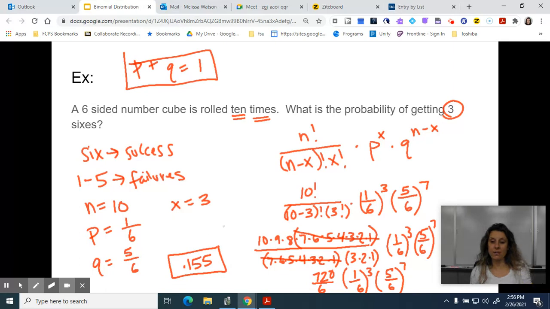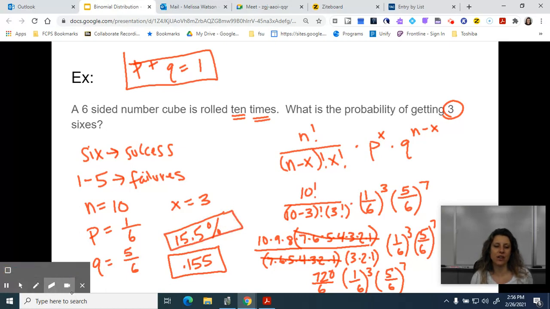Again, I could hit math enter if I wanted it as a fraction. Oh, and the calculator is not converting that to a fraction, I guess because it's so small. So we'll keep it as a decimal. Or you could change it to a percentage, 15.5% if we wanted to change it to a percentage.